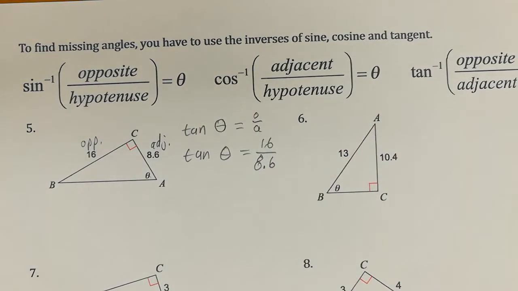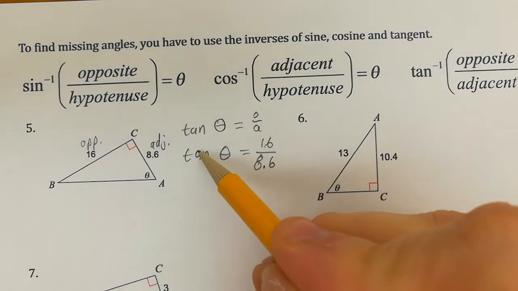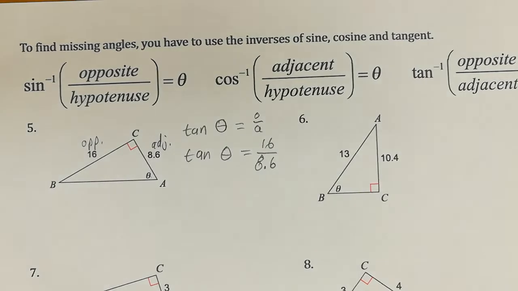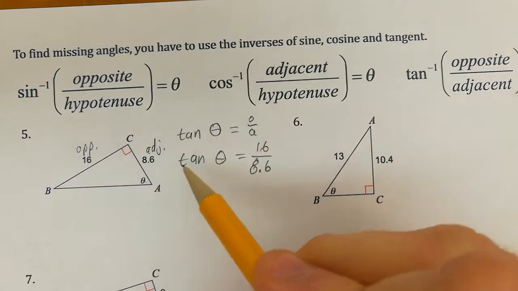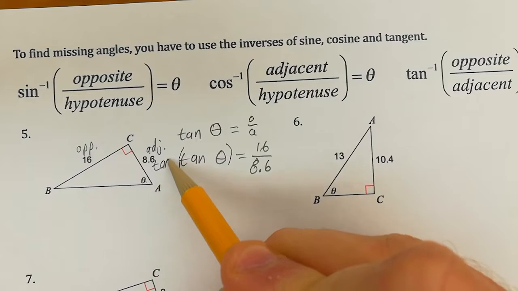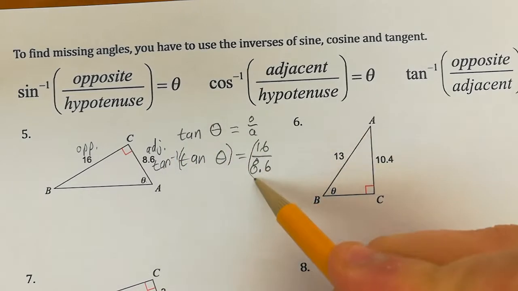Now, how do you get theta by itself here? It's sort of stuck in the tangent function. Well, just like you undo any operation in math, you use the inverse. So you apply what is called inverse tangent to both sides.